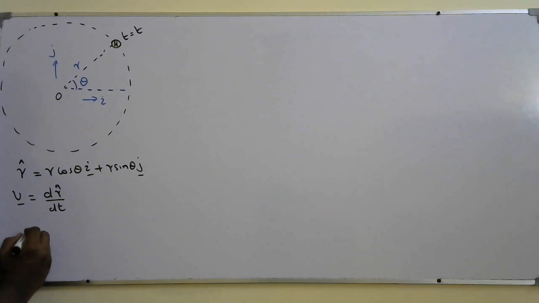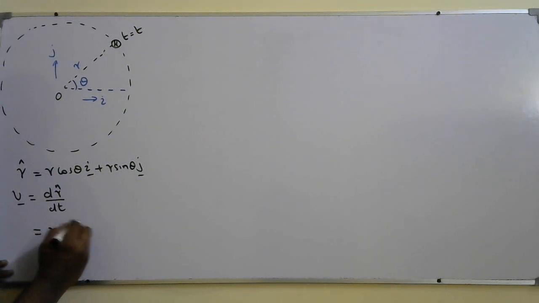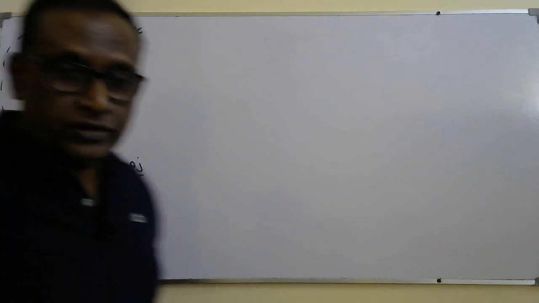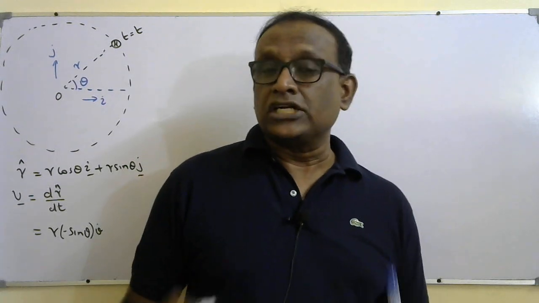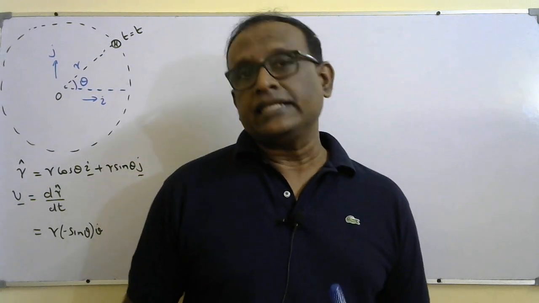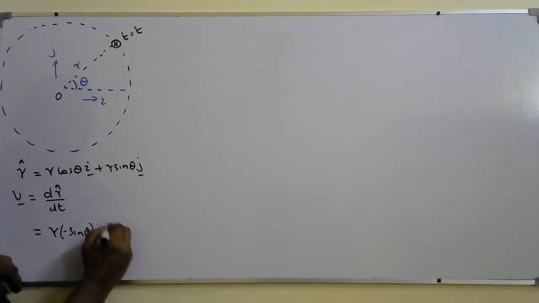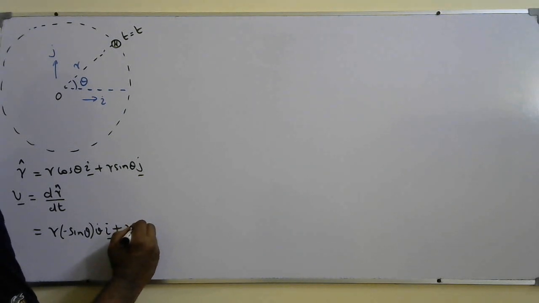So here, if I differentiate this with respect to time, you will get r, cos theta, when you differentiate, you will get minus sin theta, into theta dot. Theta dot means d theta over dt, that is the angular speed, the rate of change of central angle, into i, plus r sin theta.